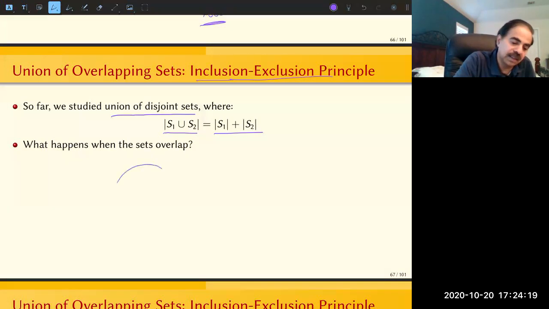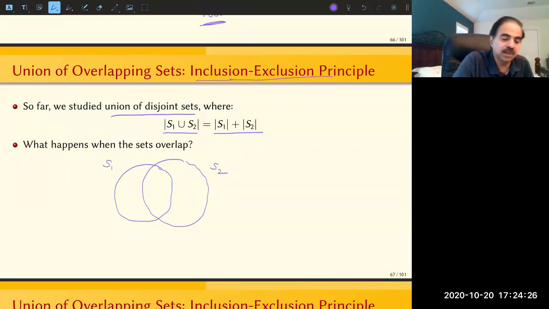You are given all these Venn diagrams of set S1, set S2, and you're often told that S1 has 25 elements, and S2 has 50 elements, and S1 union S2 has 60 elements or something like that.